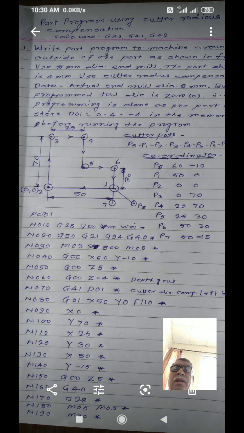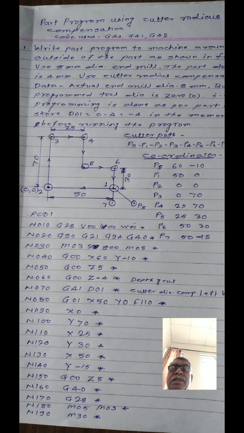You can directly find out the tool path from the basic dimensions of the drawing. Okay, point 1 is the first point, then point 2, point 3, point 4, point 5, point 6, point 1 and point 7. This is the cutter path. Okay.